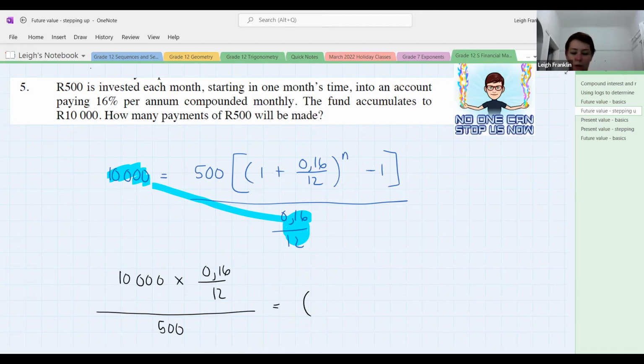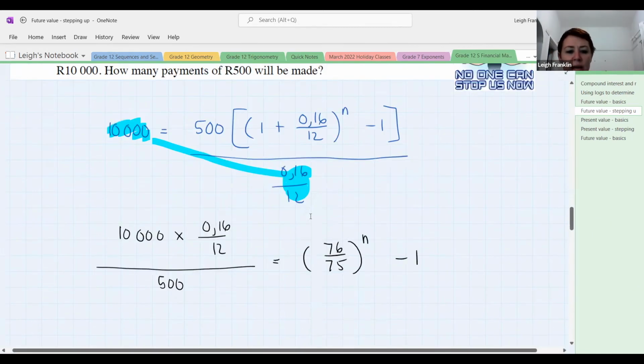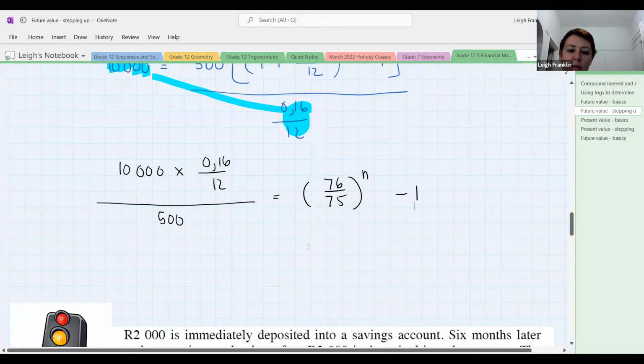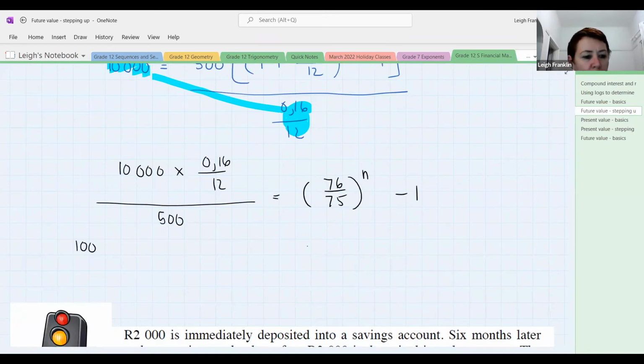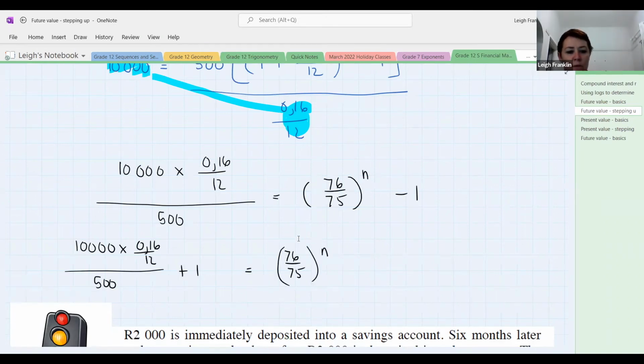We don't want to round that off, so I'm going to write the base as an improper fraction because I cannot round off, to the power of n minus 1. Now I want to take that 1 over to the other side. So we've got 10,000 multiplied by 0.16 over 12, divided by 500, plus 1, is equal to 76 over 75 to the power of n.